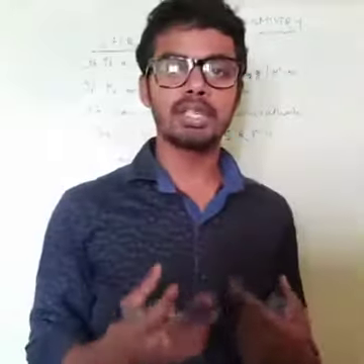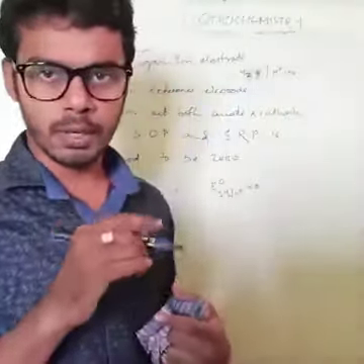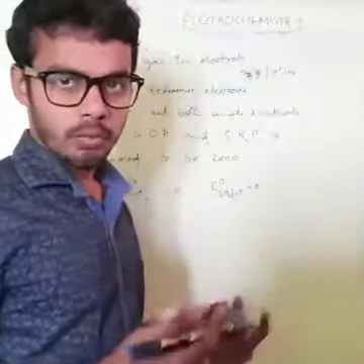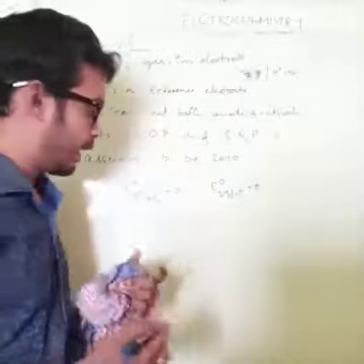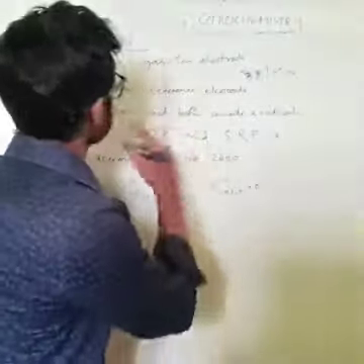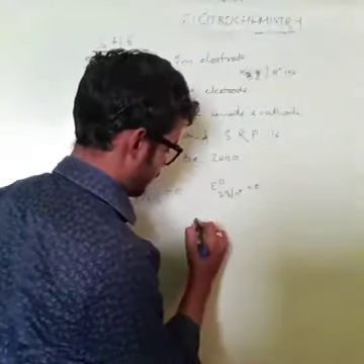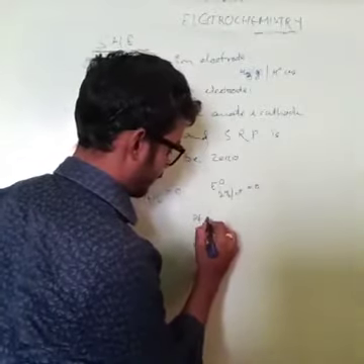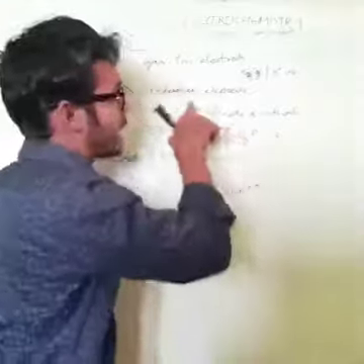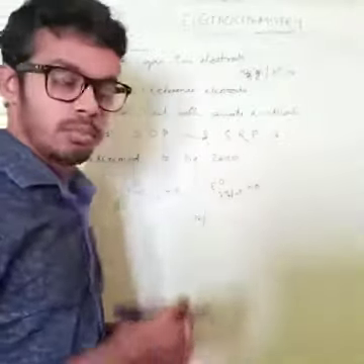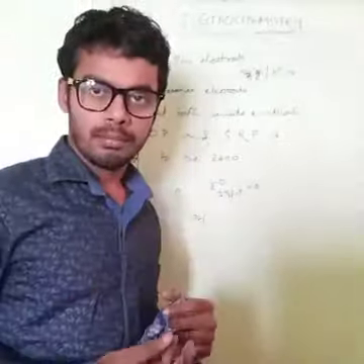Like zinc, we know that zinc's half cell potential is minus 0.76. From where do we get this? By taking this as a reference electrode. Platinum is taken as the electrode here, because this is a gas ion electrode and we need one metal.